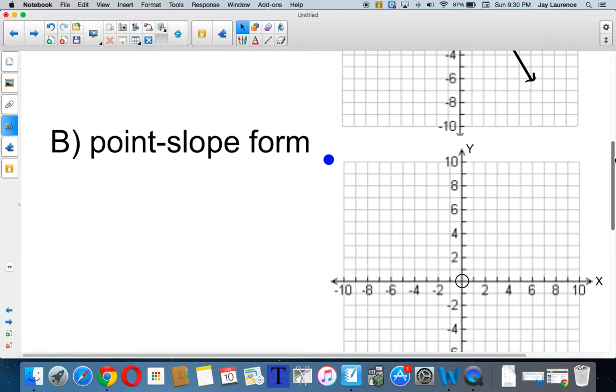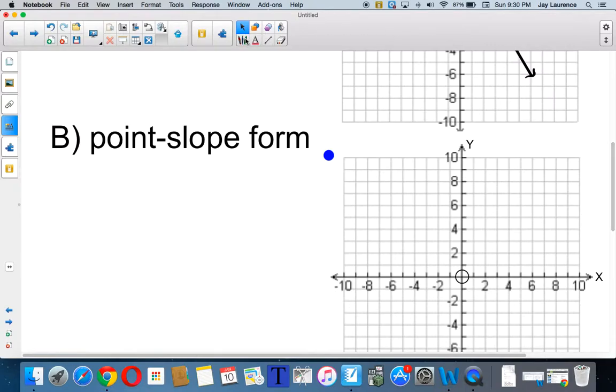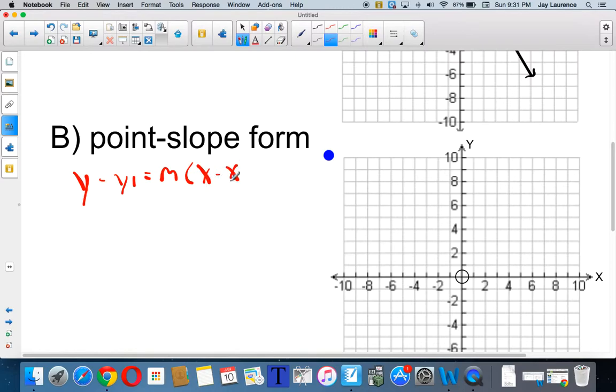All right, point-slope form. And remember, point-slope form is just a special version of the slope equation, right? It says y minus y sub 1 equals m times the quantity of x minus x sub 1.